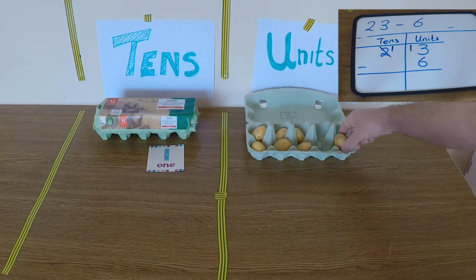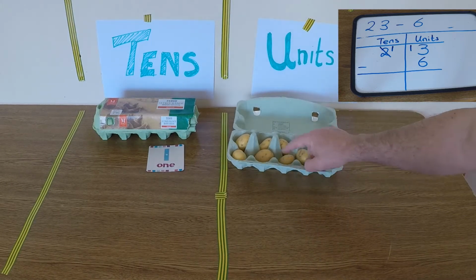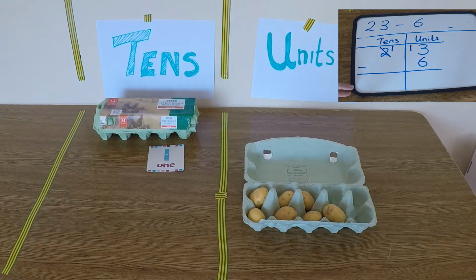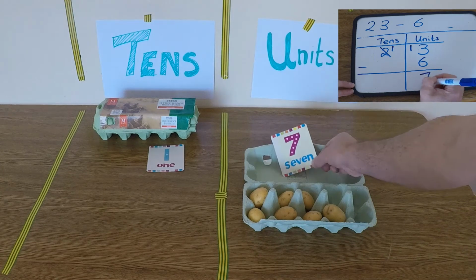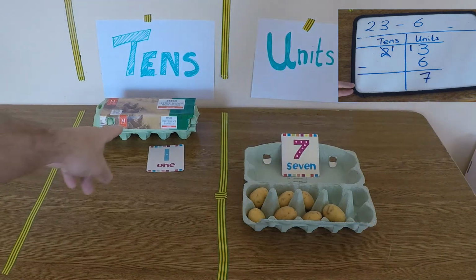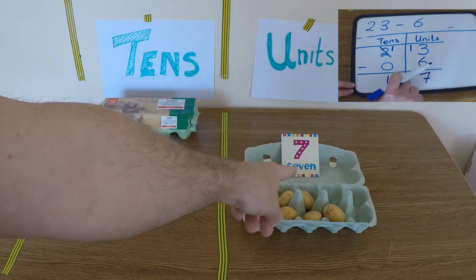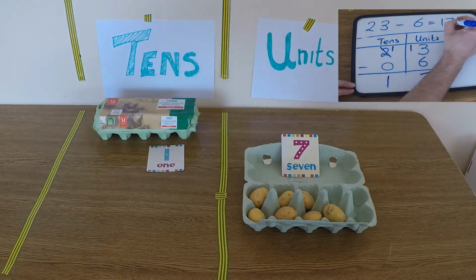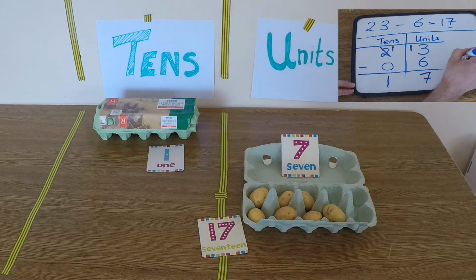How many have we got left? 1, 2, 3, 4, 5, 6, 7. So there are 7 units left. 1 ten and 7 units. 17. So 23 take away 6 is 17, which is made up of 1 ten and 7 units.